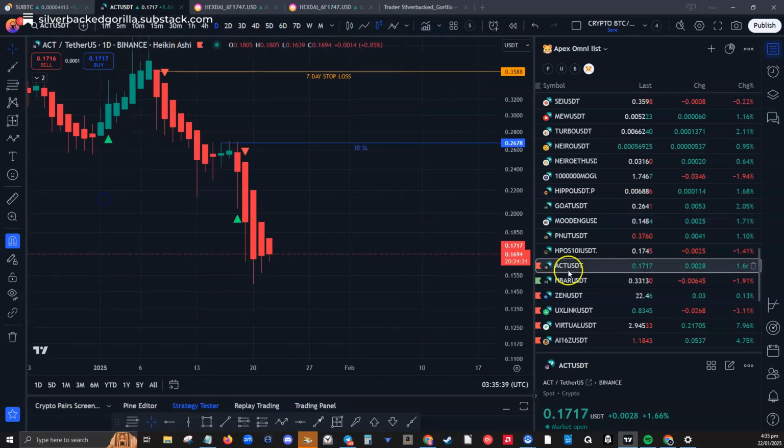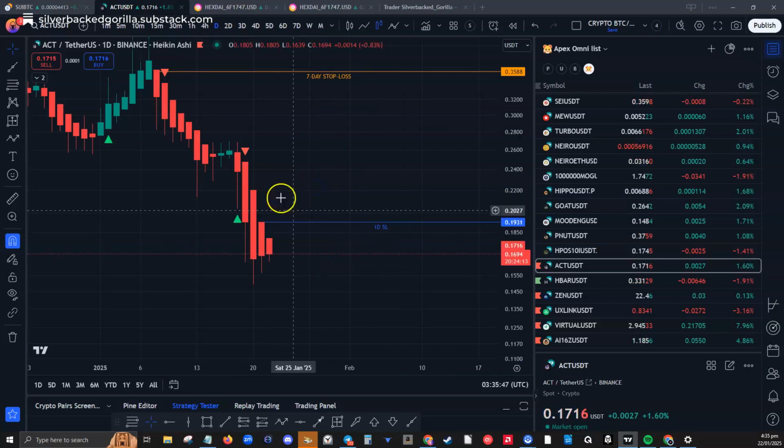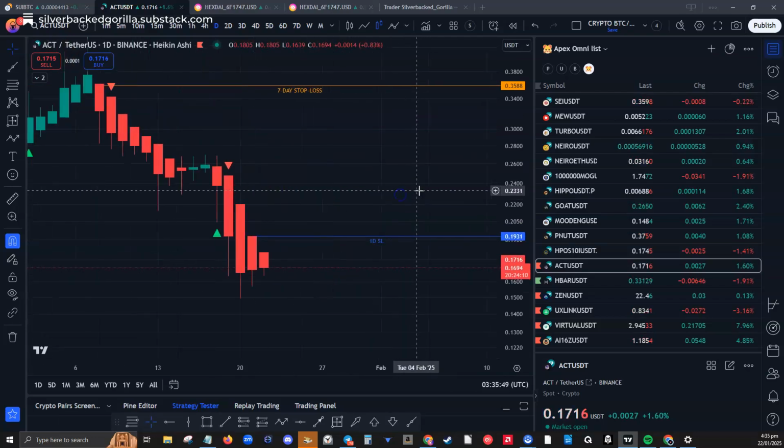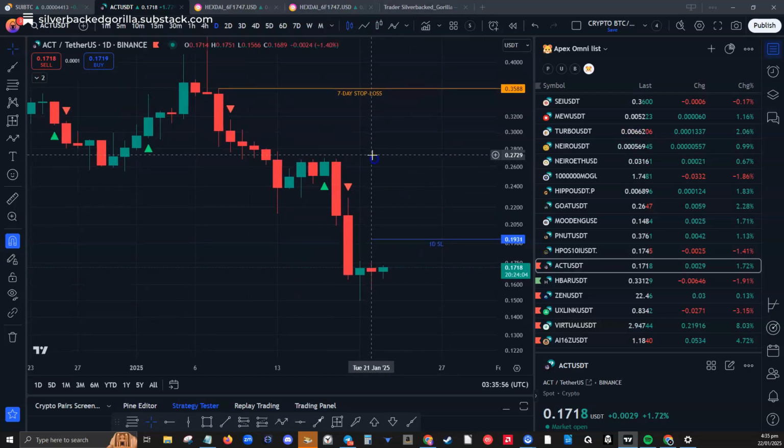Okay, so we have ACT. Short on the week, short on the last daily candle, and within a short indicator, the EMA. Let's have a look at the real price movement and see what story that tells us.